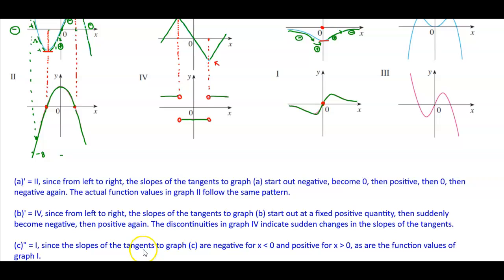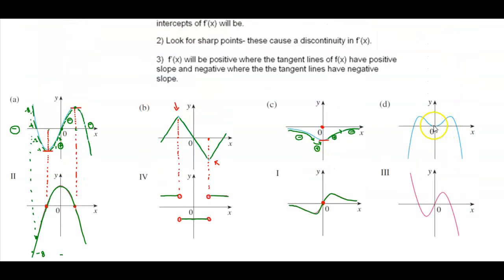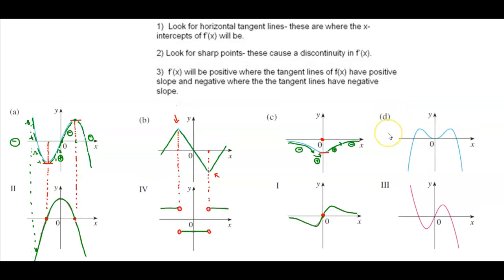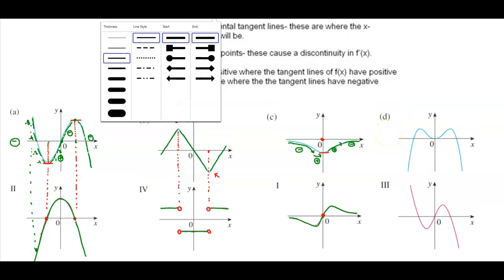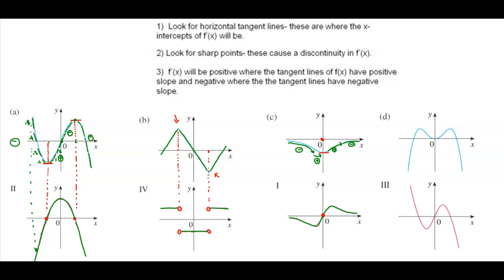Since the slopes of the tangents to the graph are negative for when x is less than 0, and positive for when x is greater than 0, as are the function values of this particular graph as well. Okay, now let's take a look at the last one, which is D. So the first thing again we want to do is look for horizontal tangent lines. And again, these are where the x-intercepts of the derivative function will be.